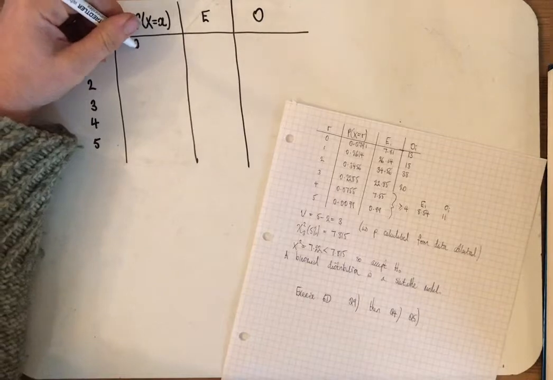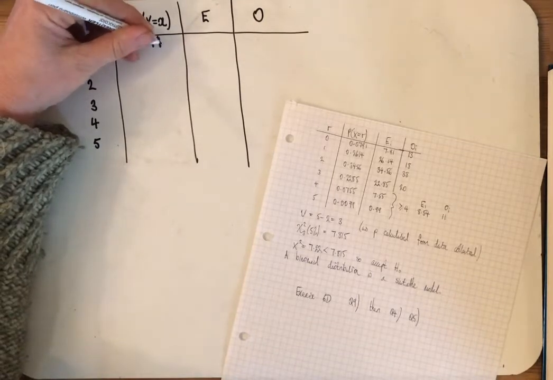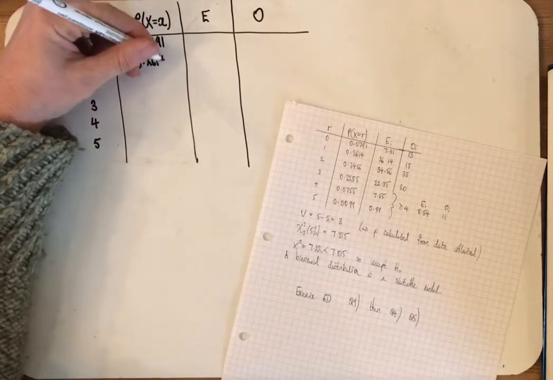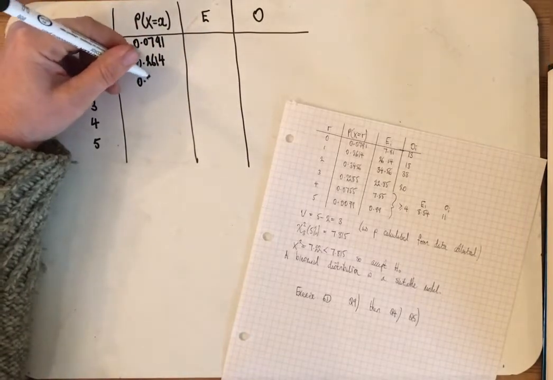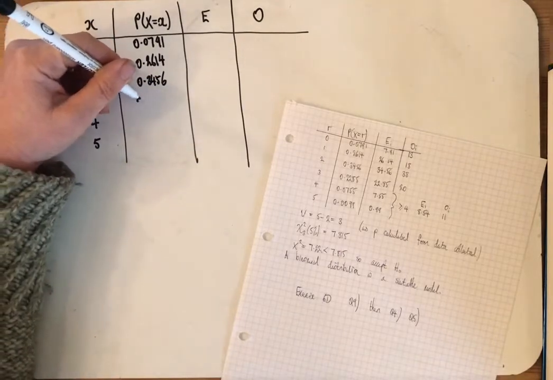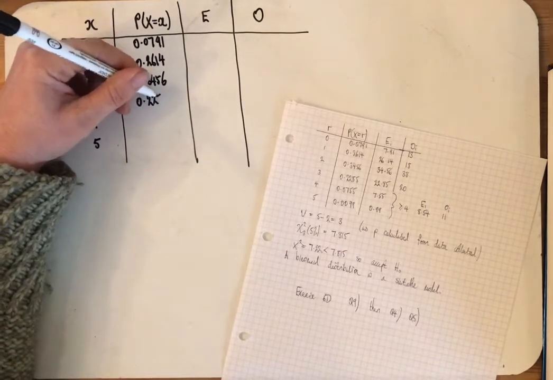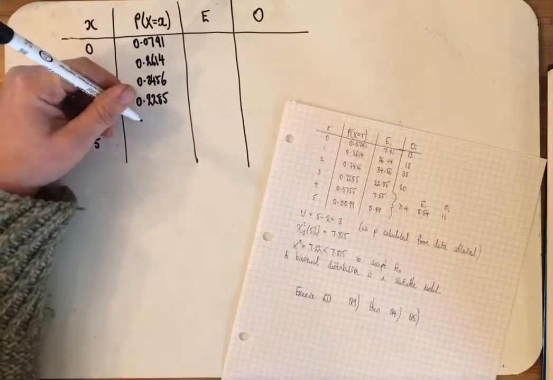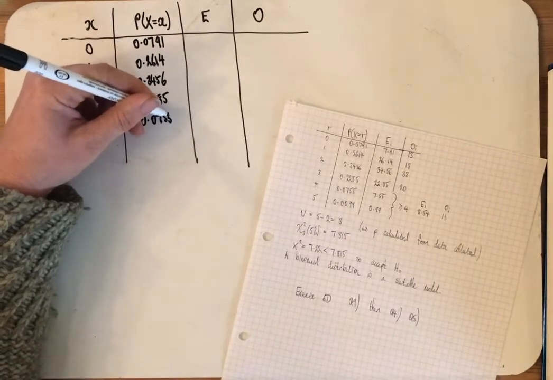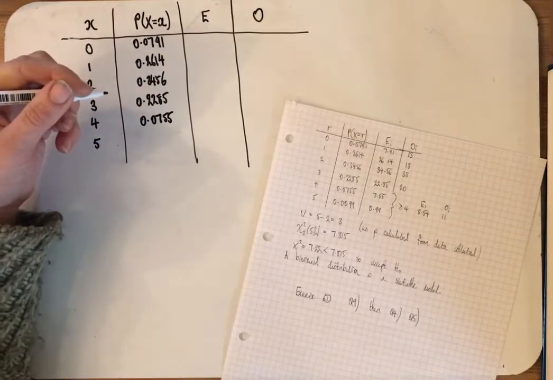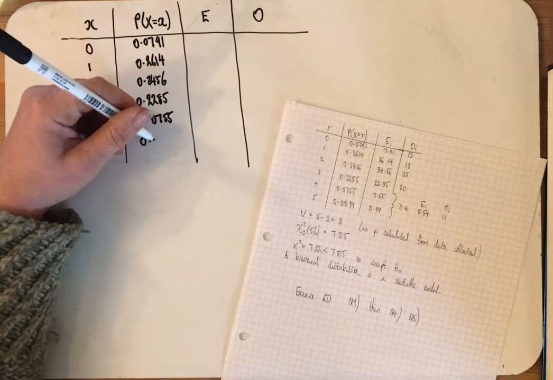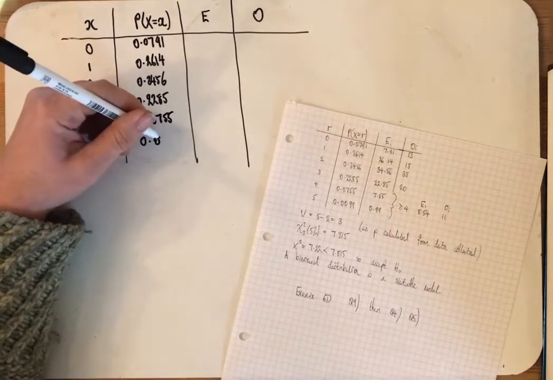So 0.0791, 0.2614, 0.3456, 0.2285, 0.0755 and 0.01.